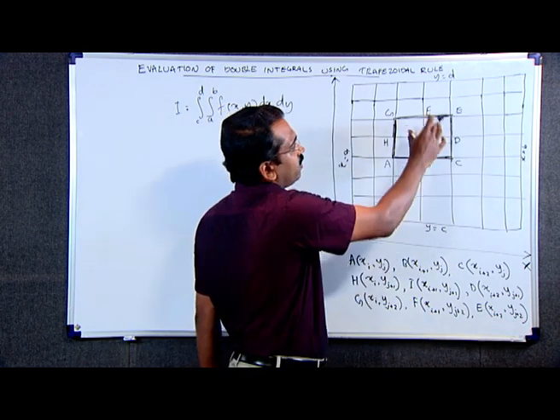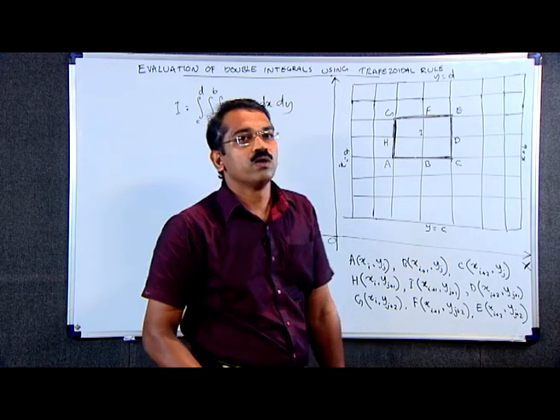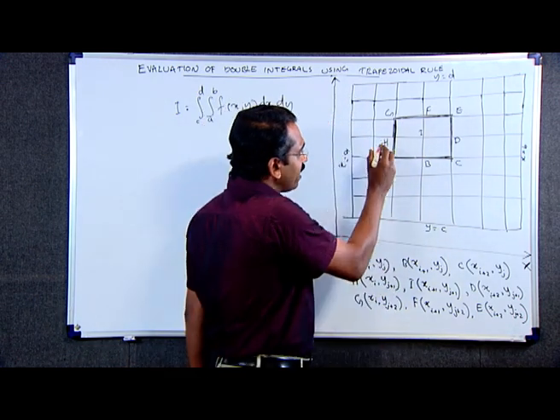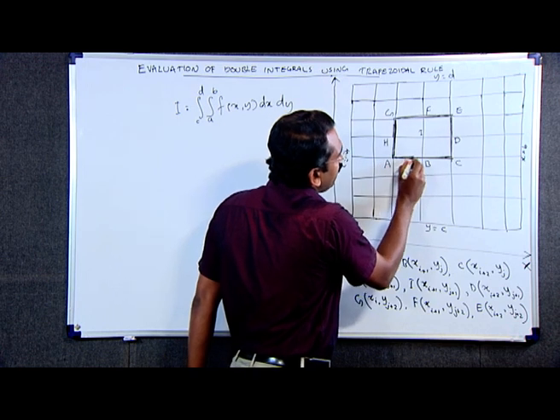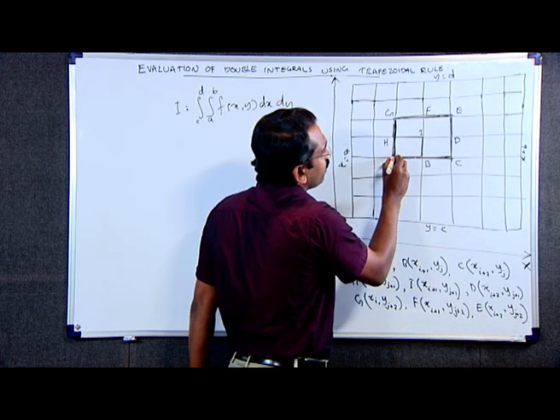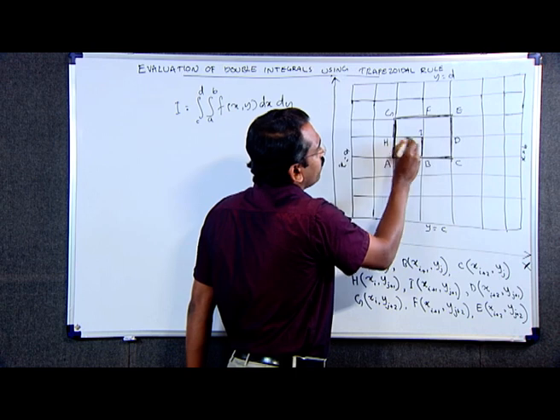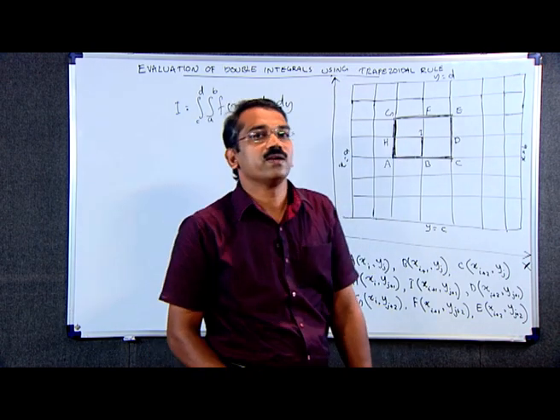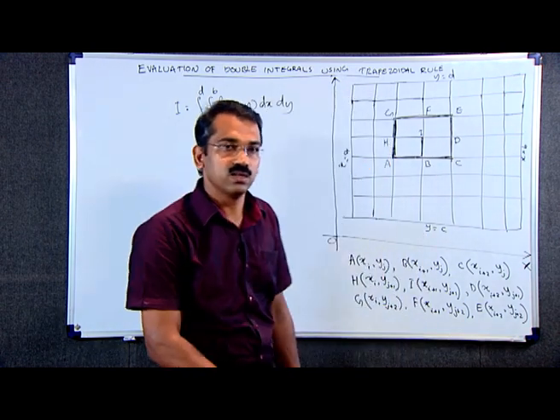These are the points. Now, we consider one small rectangle ABIH. This is known as the representative subrectangle.